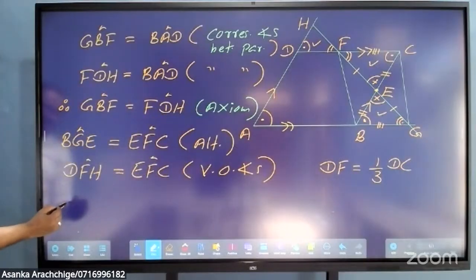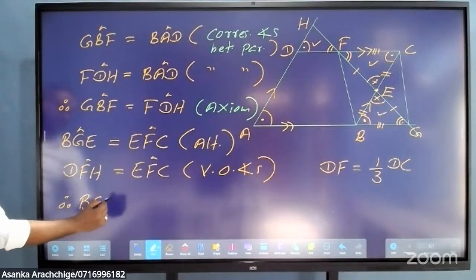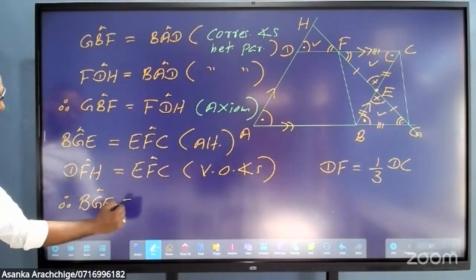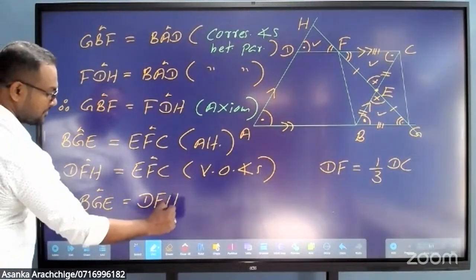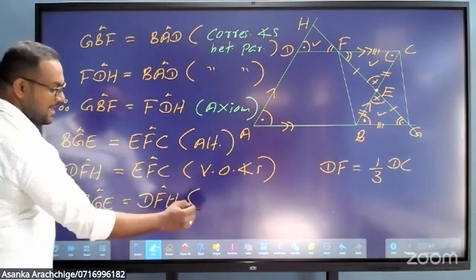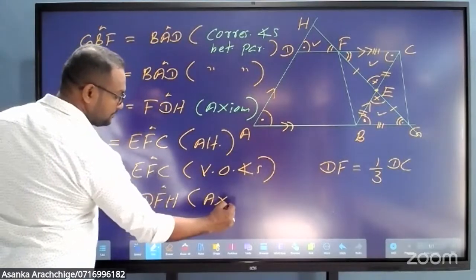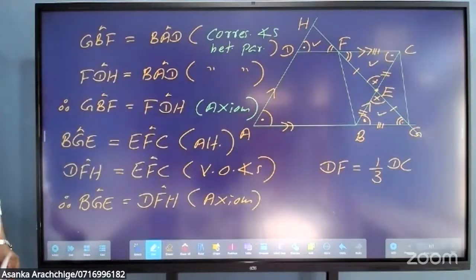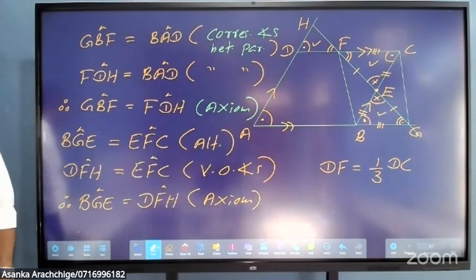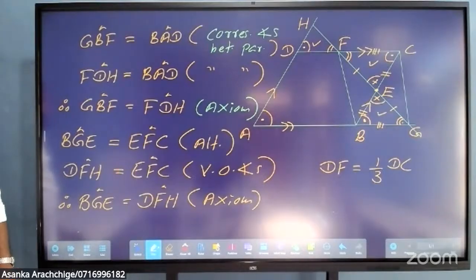You can say therefore BGE must be equal to DFH. Reason: axiom. Now two pairs of angles are equal. Now you can show that the two triangles are equiangular.